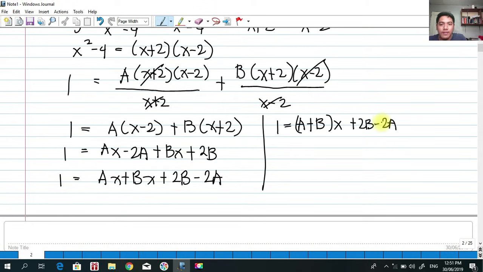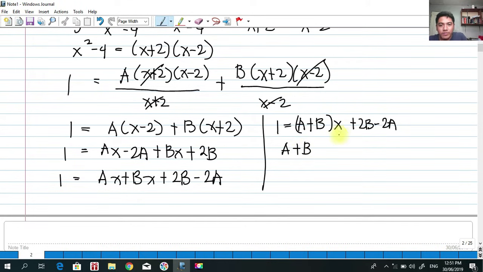So here's the shortcut. How do we know the values of a and b? We have two unknowns here, so we definitely have to have two equations. The first equation should be, here's this one, a plus b.